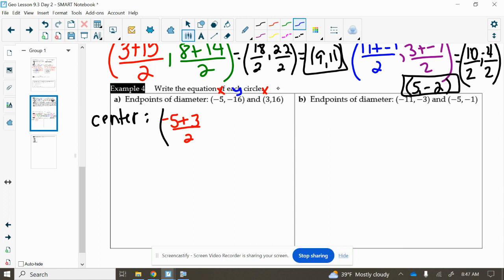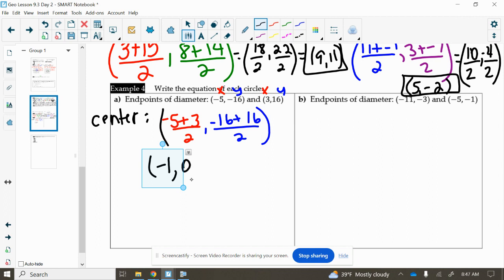And then the same thing with our two y values, -16 plus 16 divided by 2. Well, -5 plus 3 is -2, and then -2 divided by 2 is -1. -16 plus 16 is 0, divided by 2 is still just 0.